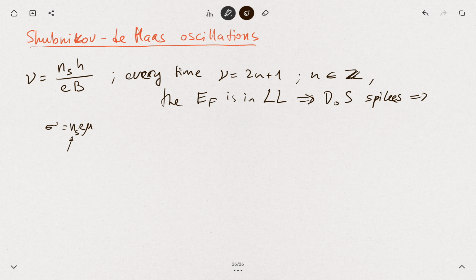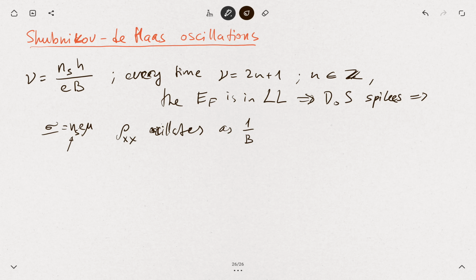This density of states oscillates, so the carrier density changes as well, and you will have oscillations in sigma, or in the conductivity, or in the resistivity, which is 1 over sigma. And I'm talking about a longitudinal conductivity, or rho xx.